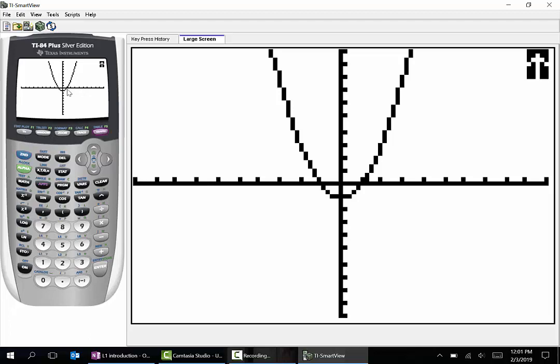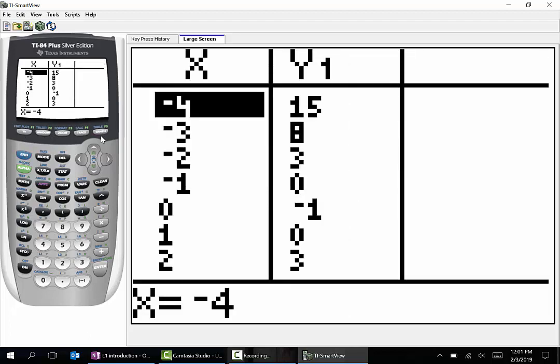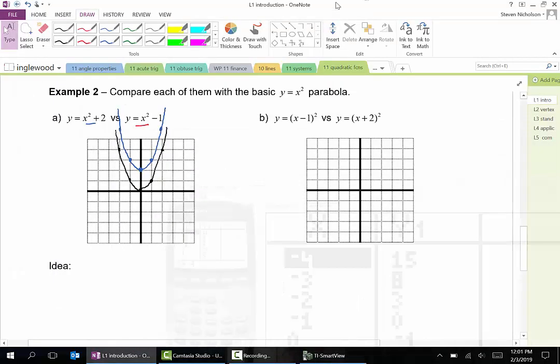And if you wanted to see your table of values, there's my -2 comma 3, -1 comma 0, etc. So I'm going to go ahead and plot that. Here's my vertex right there. There's my -1 comma 0 and 1 comma 0. There's my 1 comma 3 and -1 comma 3. And when we draw that, what you see is that it is shifted down.